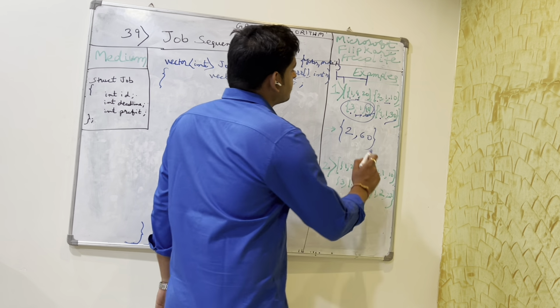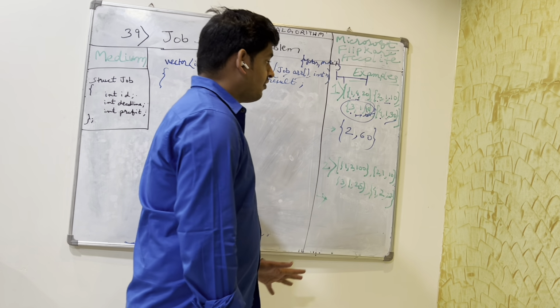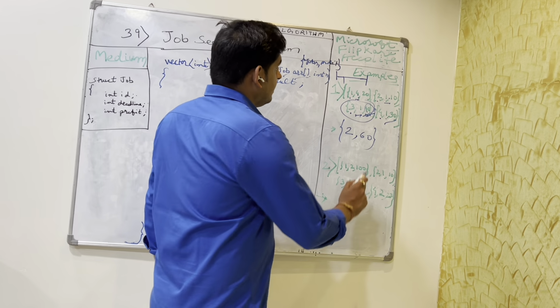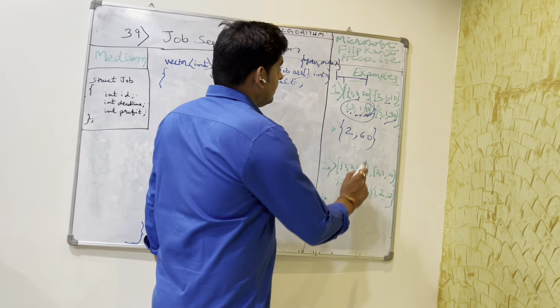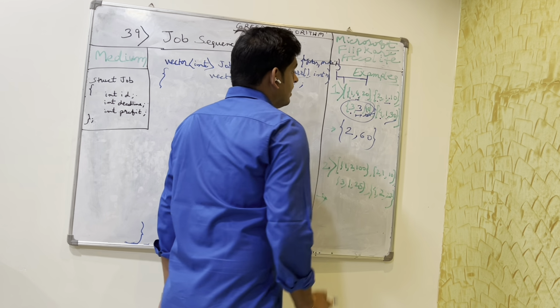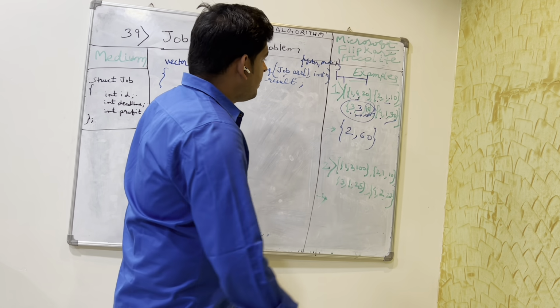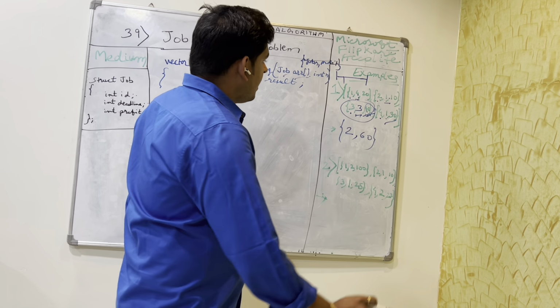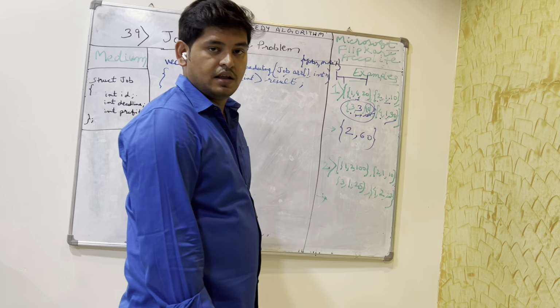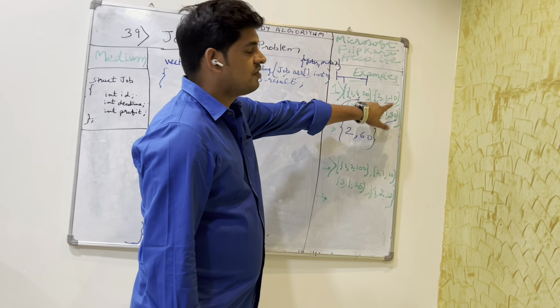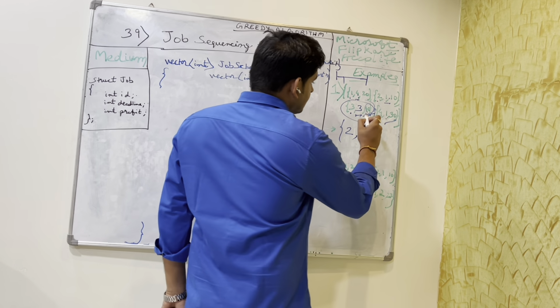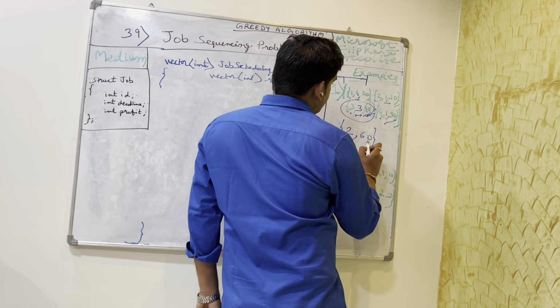We understand that we will sort it using the profit. But what about the deadline? Suppose this was given as 3. Then if we have taken this 40, we couldn't have taken the 30 and 10, and we would have taken 40 and 20, so our profit would be the same.